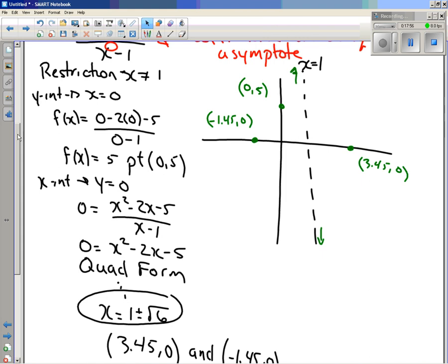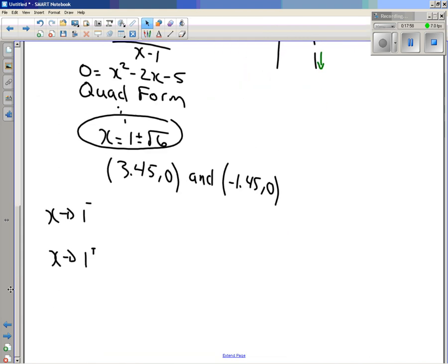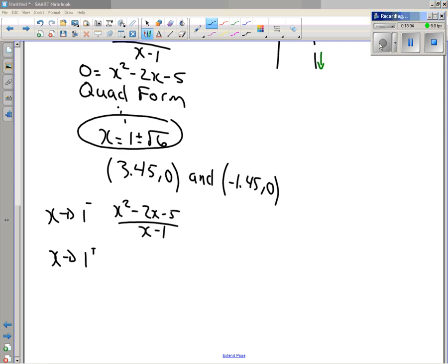So let's go down. We're plugging in 1 from the left. And what are we going to get? Negative. So if we're approaching 1 from the left, we have x squared minus 2x minus 5. You can expect the top term to be negative. And say 1 from the left would be like 0.99.